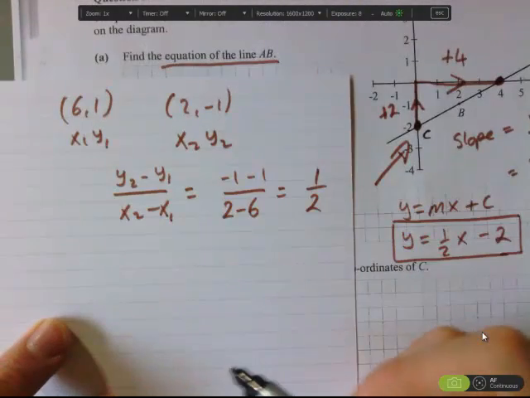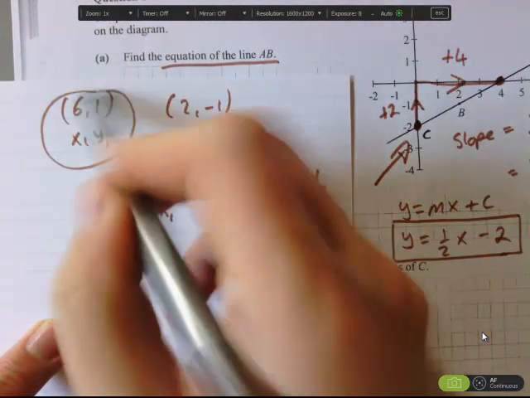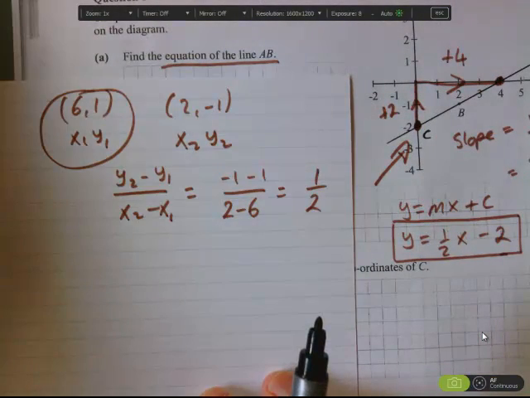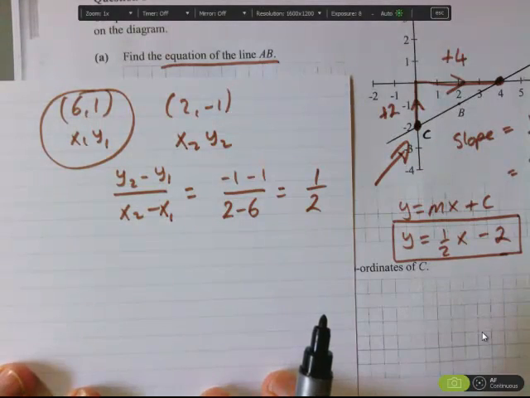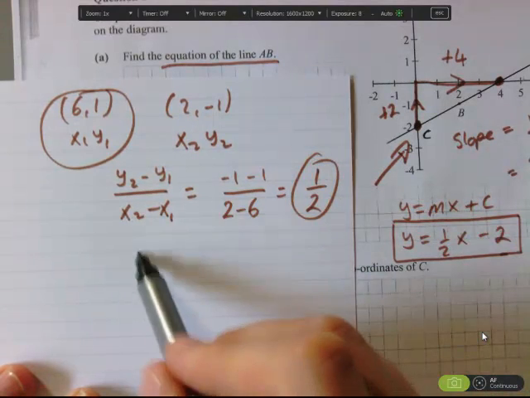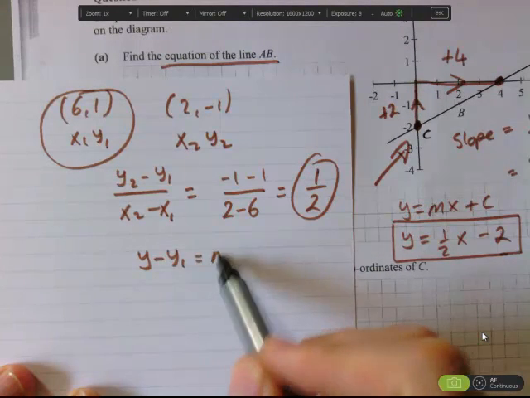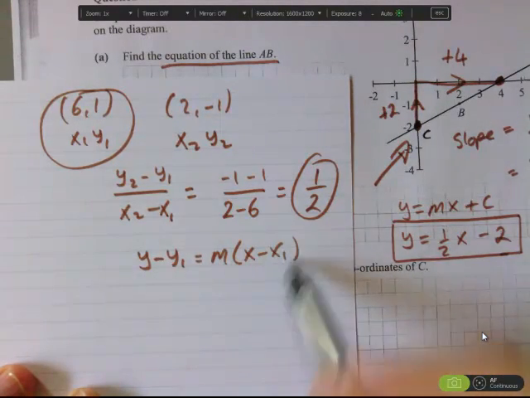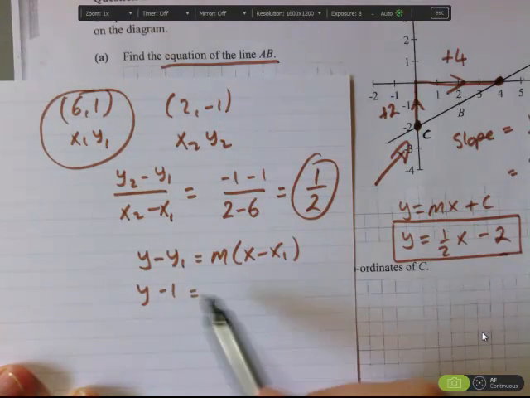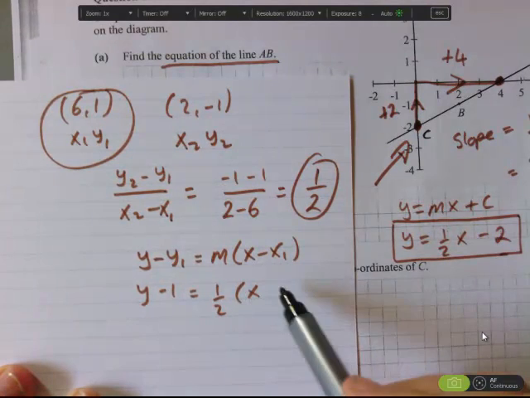Once you've got the slope, you're going to use this point, and I'm only picking that point because I've already got it labelled x1, y1. That's the only reason. And I'm going to use my slope of a half. So y minus y1, which is 1, so y minus 1 is equal to a half (x minus 6).